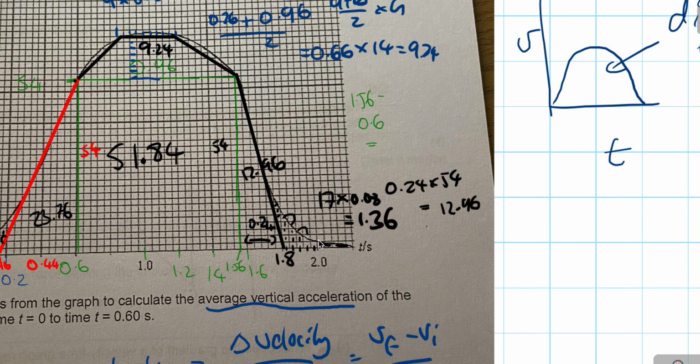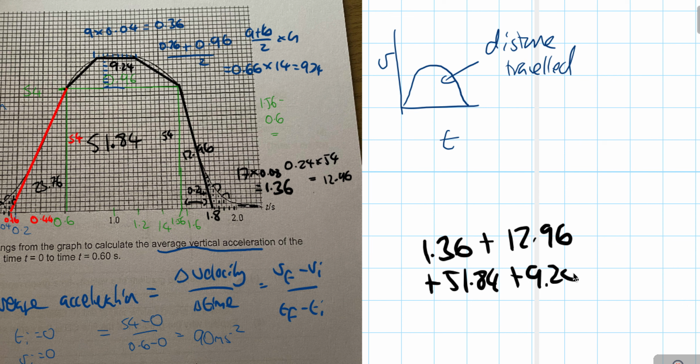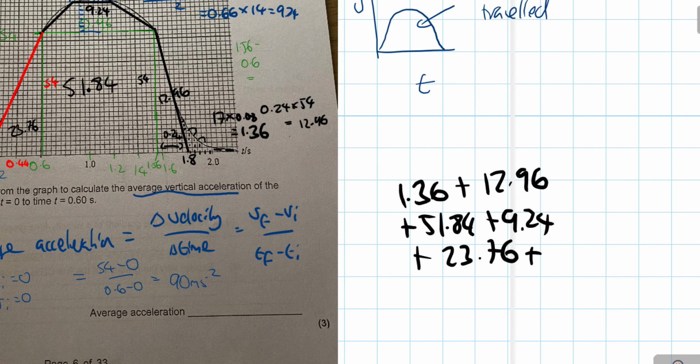Okay, then finally we add up all our areas together. So the total area here is going to be equal to 1.36 plus 12.96 plus 51.84 plus 9.24 plus 23.76 plus 0.8. And then we plug that into our calculator.